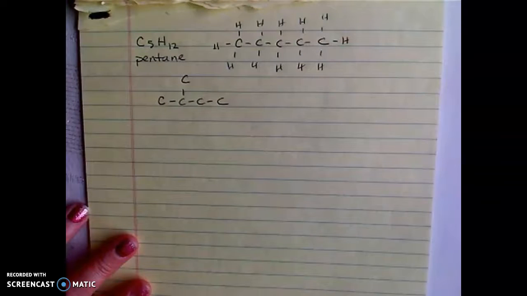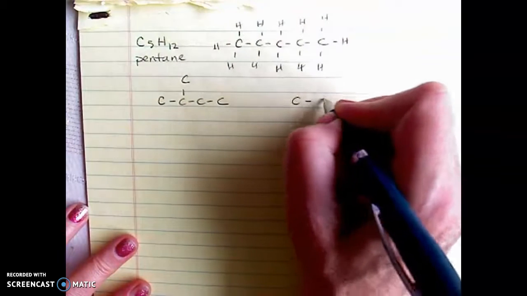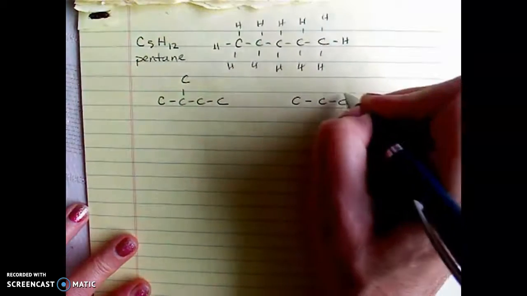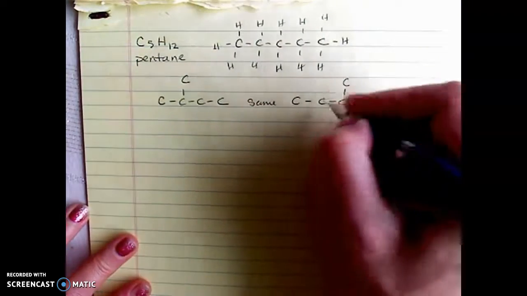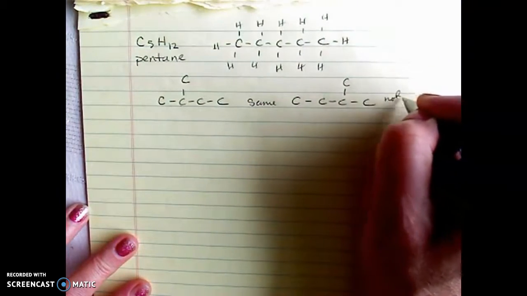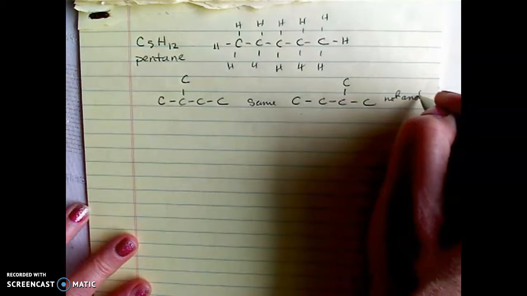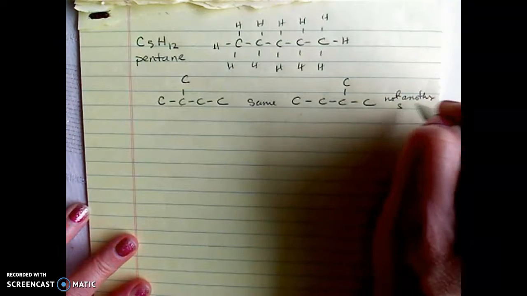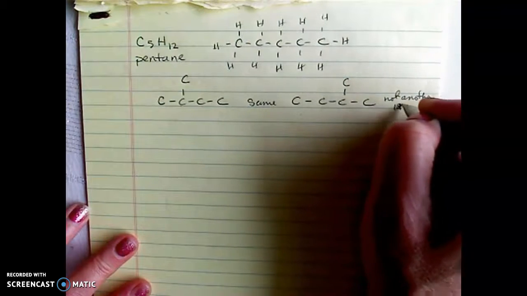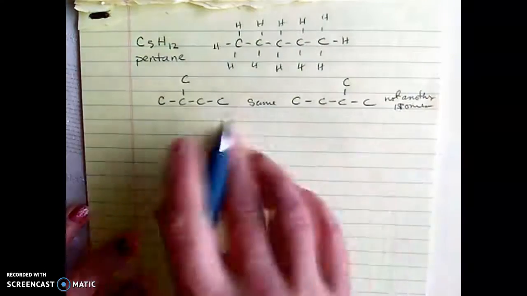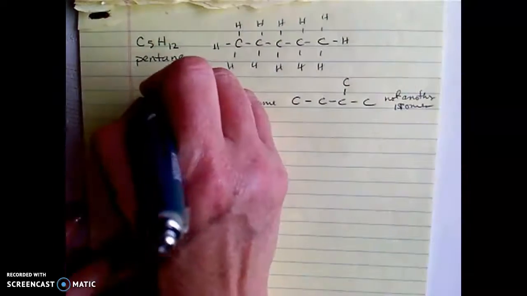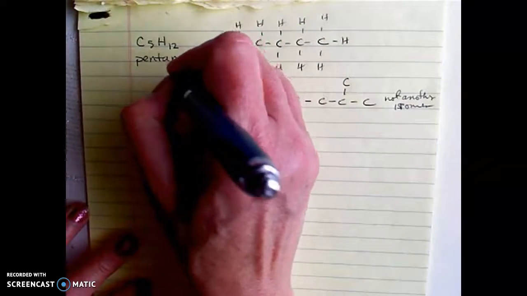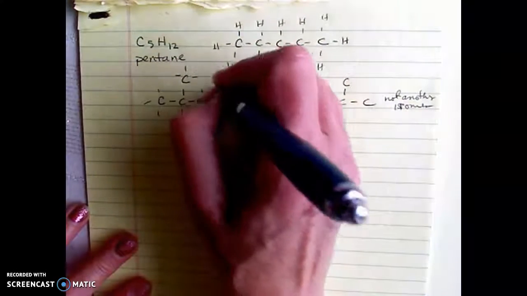Now keep in mind, if I were to draw it like this and put it here, those are the same. So this is not another isomer because it's the same as the other one. They are the same. You just flipped it over. And then you can put in your hydrogens.